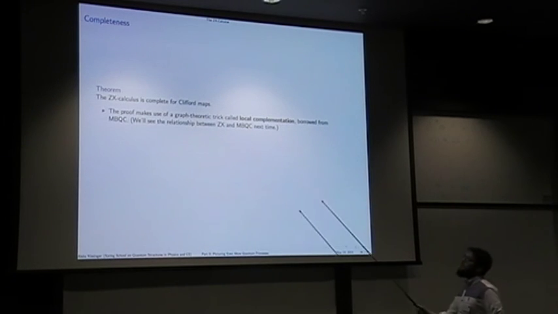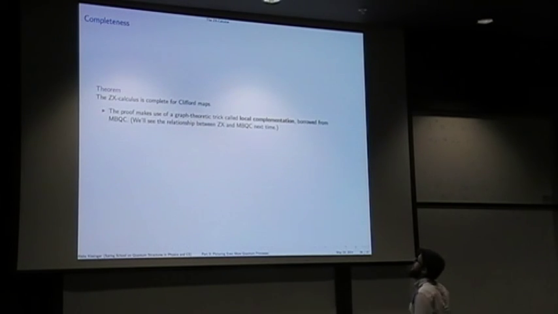And the ZX calculus is actually complete for the Clifford fragment. So this is enough if I have two Clifford maps to prove that one is equal to the other. There's hopefully a nicer proof of this, which is something that I'm digging for at the moment. But one proof makes use of this graph theoretic trick called local complementation, which we borrow from MBQC.